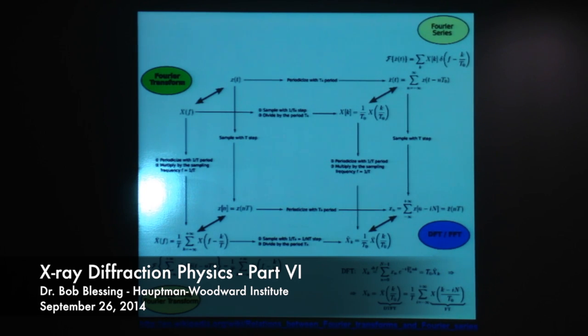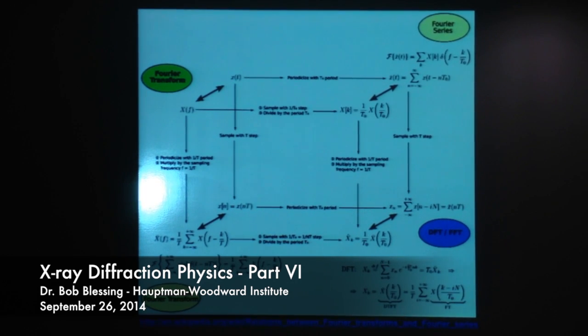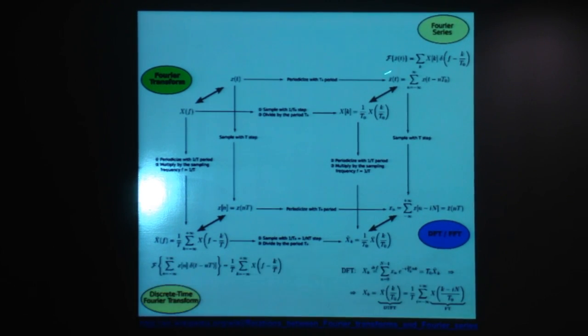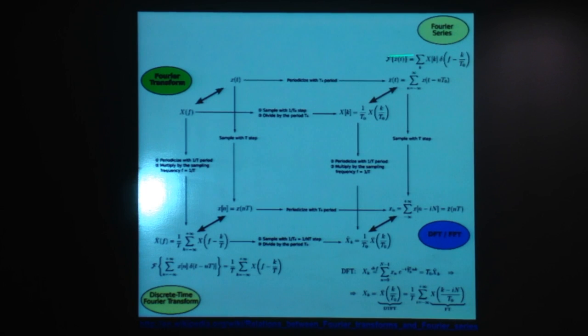One of the things we want to talk about today is the difference between continuous and discrete Fourier transforms. If we look up in this corner at the Fourier series, we have some function f, which is given by Fourier transformation of this function big X, and that's set out as discrete.